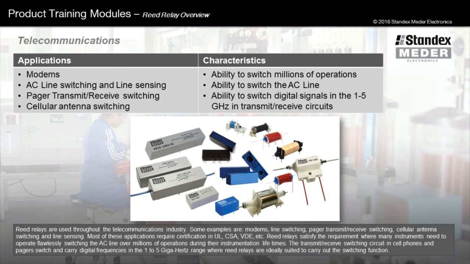Most of these applications require certification in UL, CSA, VDE, etc. Reed relays satisfy the requirement where many instruments need to operate flawlessly, switching the AC line over millions of operations during their instrumentation lifetimes. The transmit-receive switching circuit in cell phones and pagers switch and carry digital frequencies in the 1 to 5 gigahertz range, where reed relays are ideally suited to carry out the switching function.